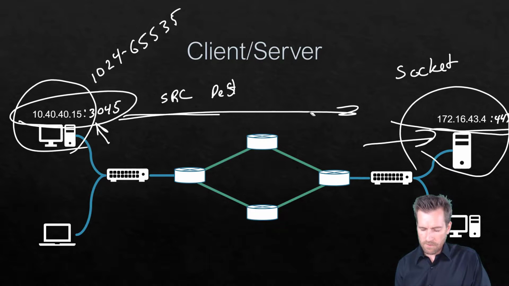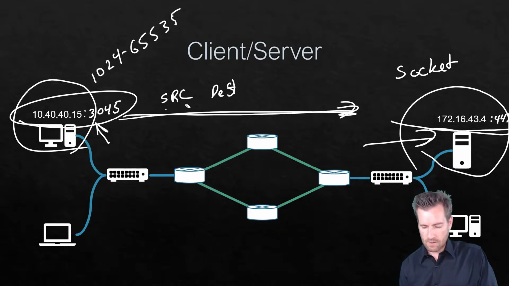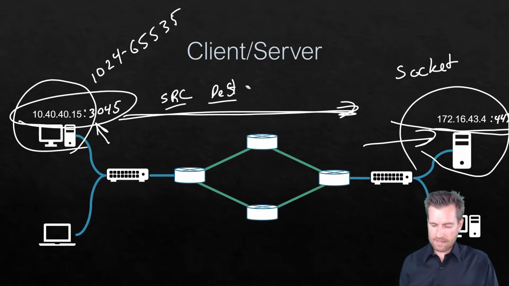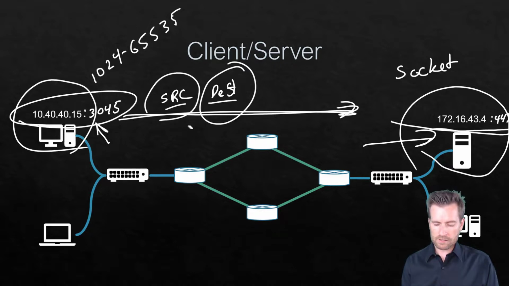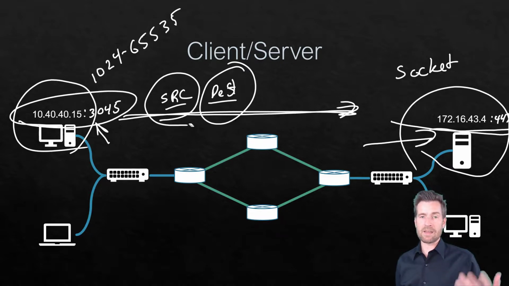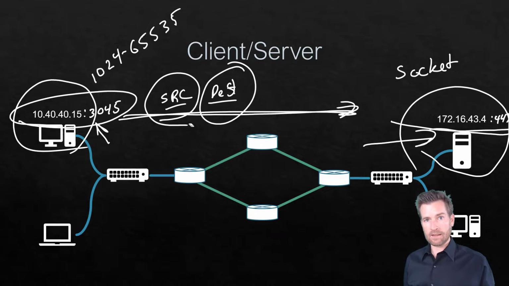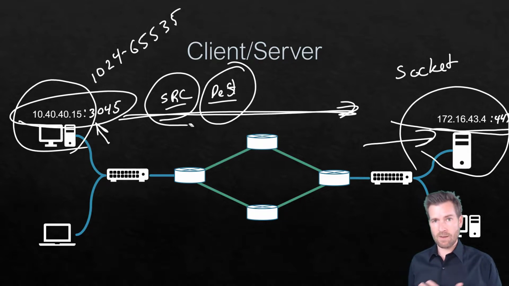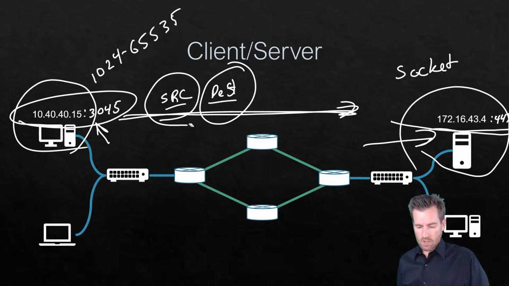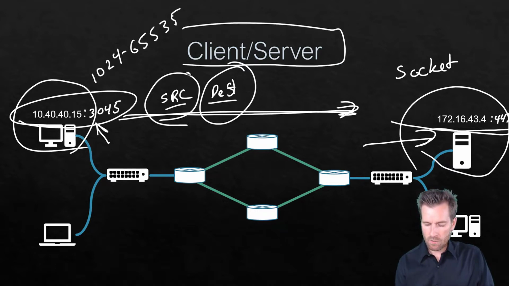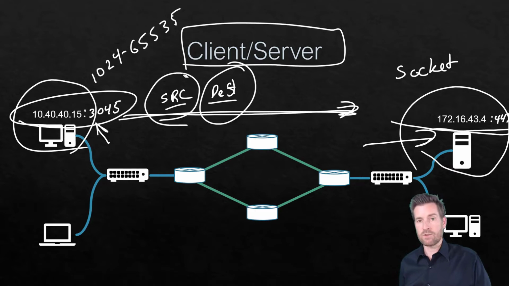So that's what's going to be formed: this as the source and destination socket. The destination socket is so it knows what server/service it's going to address. The source socket is so that it can keep track of the conversation, in the event where you're accessing the same web page or the same service multiple times. So that is how the client-server relationship works between these two devices.